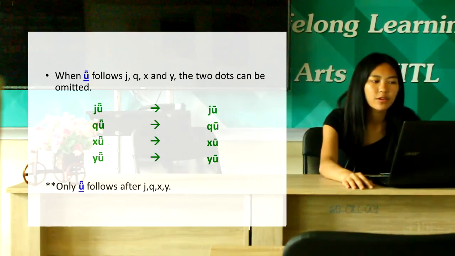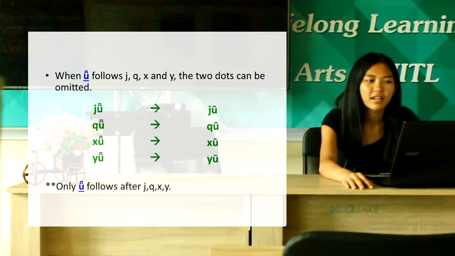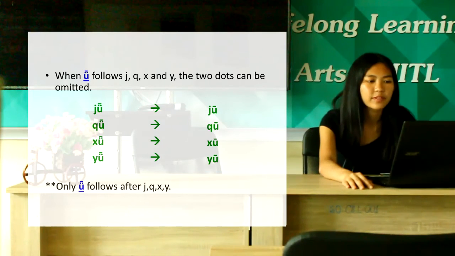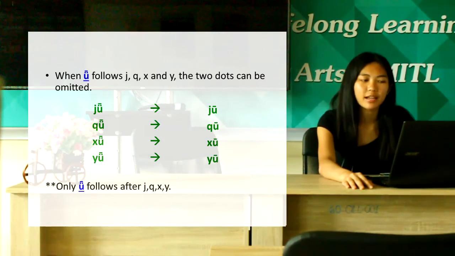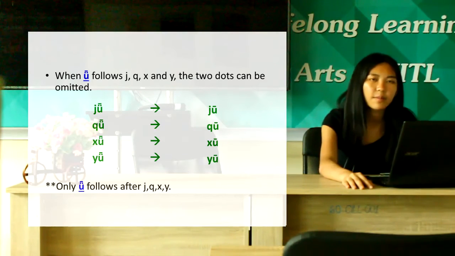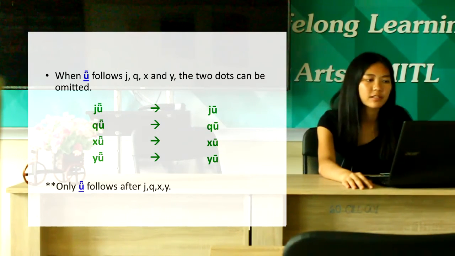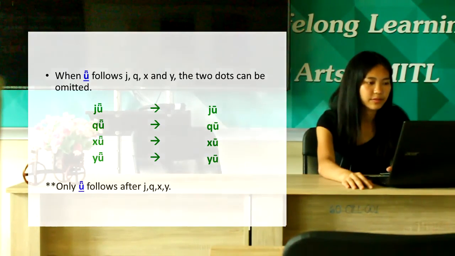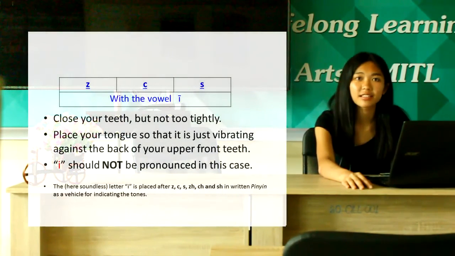Although it appears as a U form, you have to know that it is actually a ü instead of U. But you don't have to worry, because U doesn't follow after G, Q, X. So whenever you see a U syllable after G, Q, X, you know that's a ü actually.